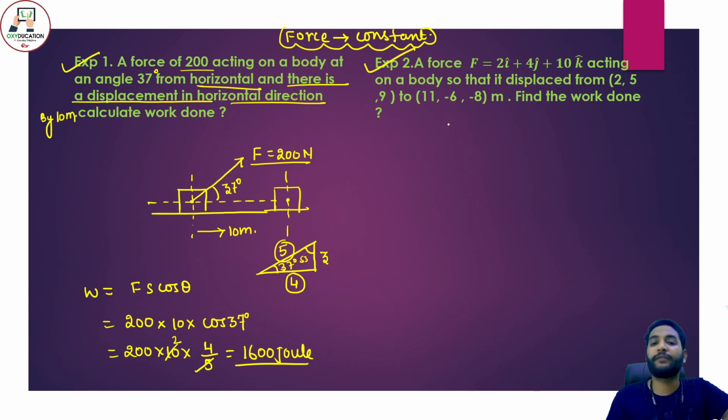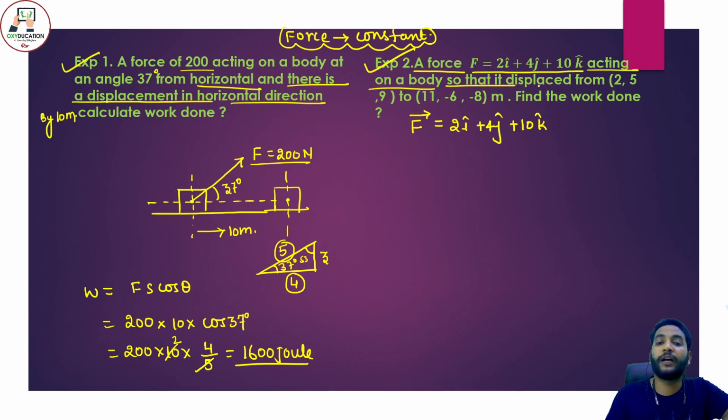The second question that we can take here: a force F is given here, and we have to calculate the work done. The force is 2i cap plus 4j cap plus 10k cap. This is the force acting on a body so that it is displaced from this position to this position. Means, what is the initial position?